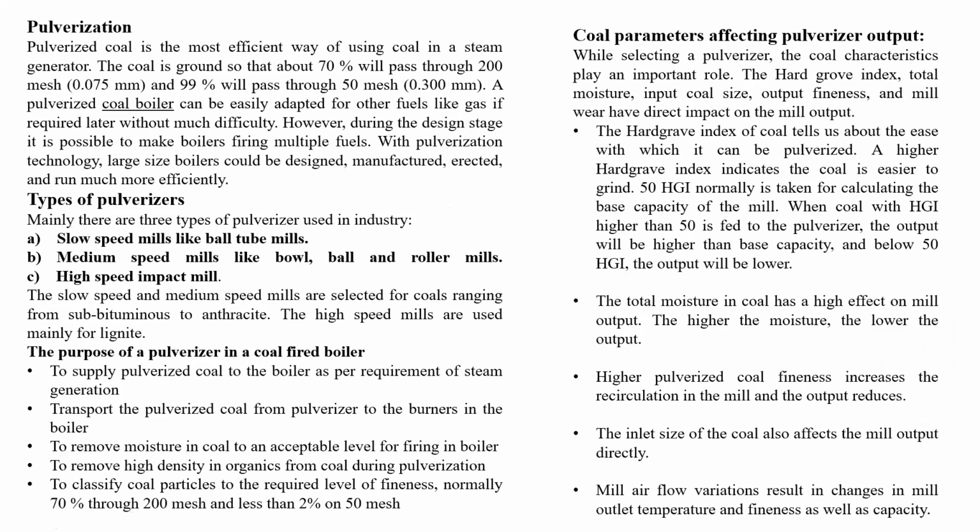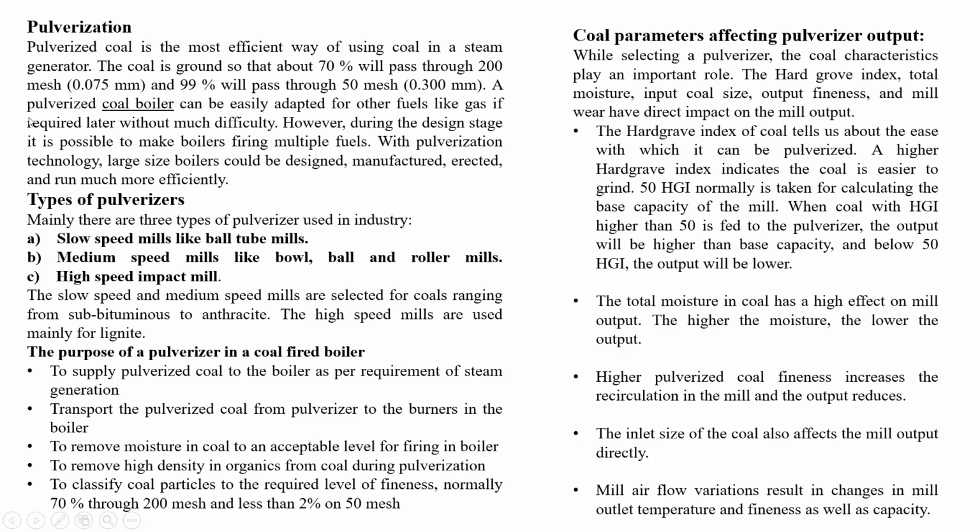Pulverization. What do you mean by pulverization? Pulverization means nothing but making fine coal. Pulverized coal is the most efficient way of using coal in a steam generator. The coal is ground so that about 70% will pass through 200 mesh, that is 0.075 mm, and 99% will pass through 50 mesh, that is 0.30 mm. A pulverized coal boiler can be easily adapted for other fuels like gas if required later without much difficulty.